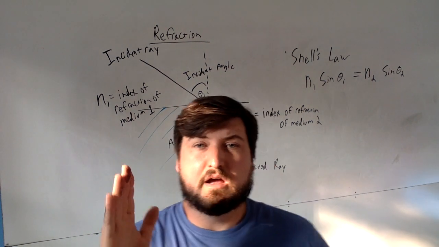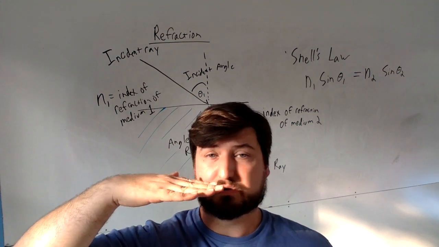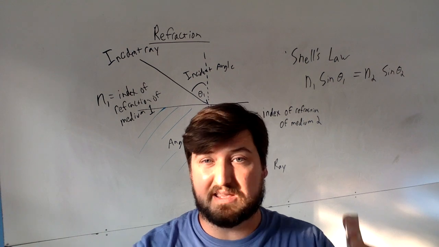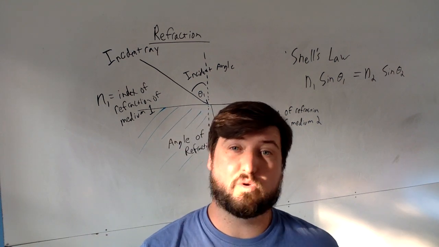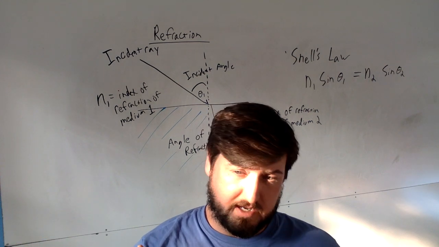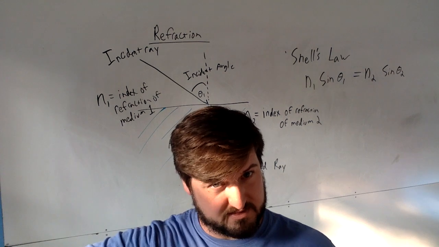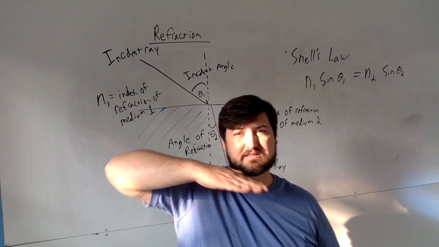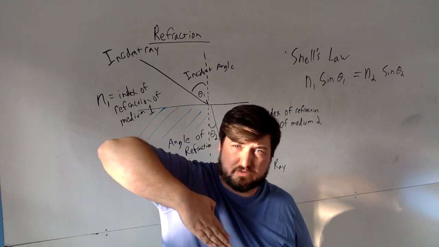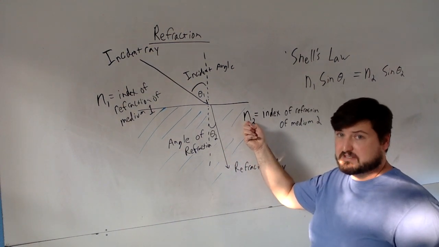But as light passes through glass, it'll bend at a different angle than it does through water, than it does through plastic. Plastic, depending on the kind of plastic, is usually lighter than water, so it might bend less going through plastic than it does through water. If you drop a piece of glass into water, it's going to sink, right? So glass is denser than water, so it'll bend more as it goes through there, because the index of refraction has pretty much everything to do with the density of the material.